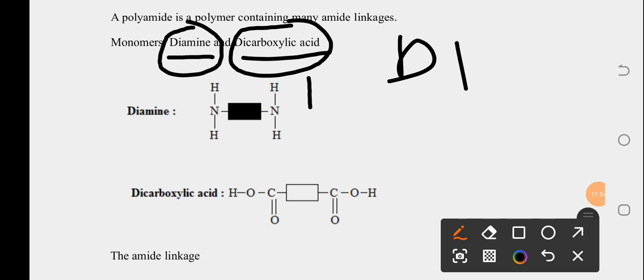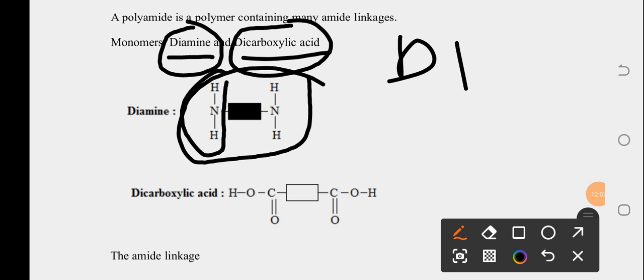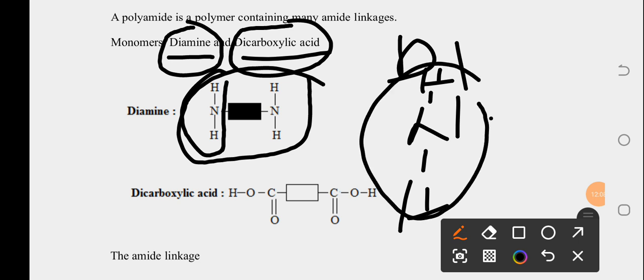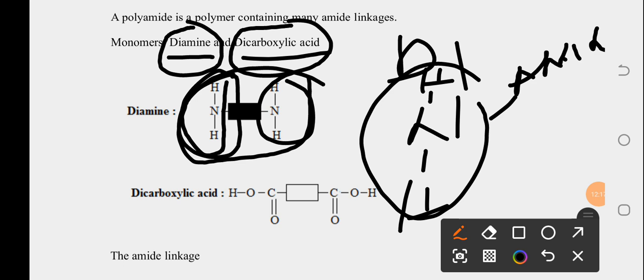Let us look at this structure. This is how diamine looks. Here we've got this structure, which looks like this. This structure is the one which we normally call an amine. As you can see, we've got this amine and this amine.